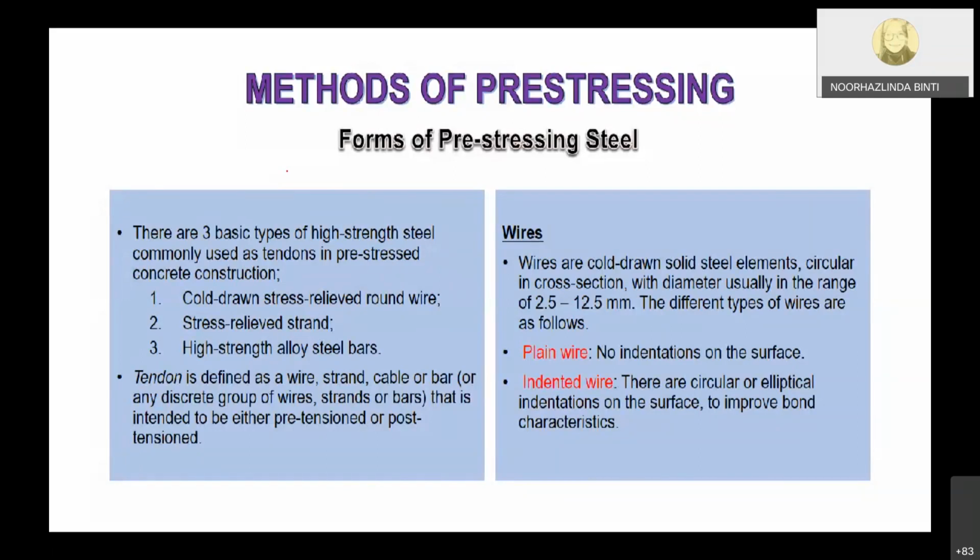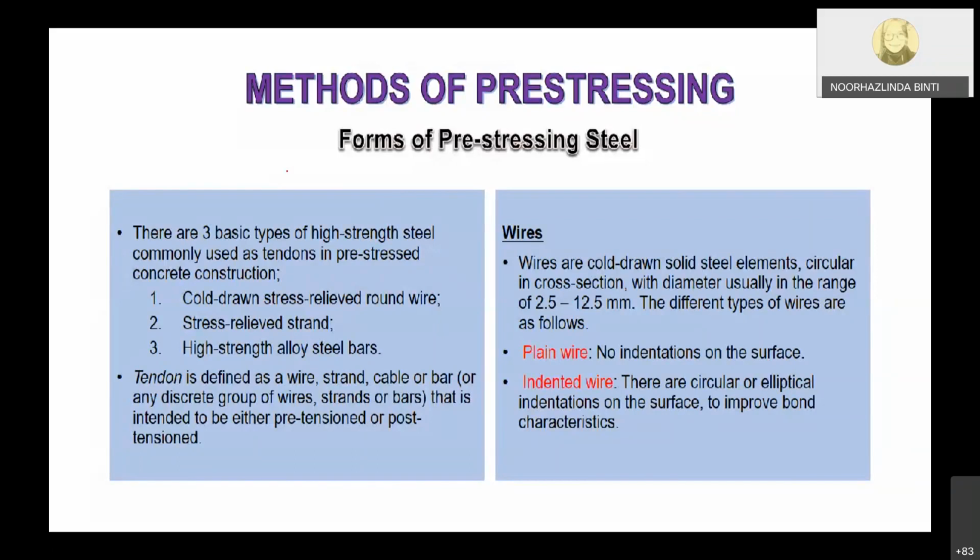I believe you have heard these words frequently. Tendon, this is from the book. But if you're talking to the engineers, when we say tendon, what they are referring to is post-tension. It is different from the books.